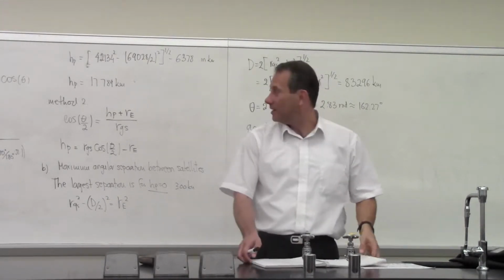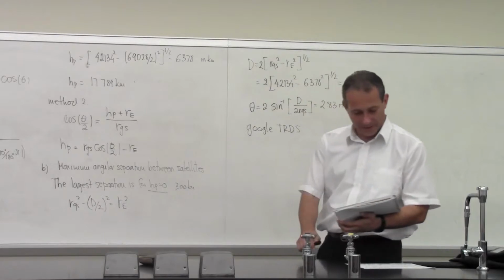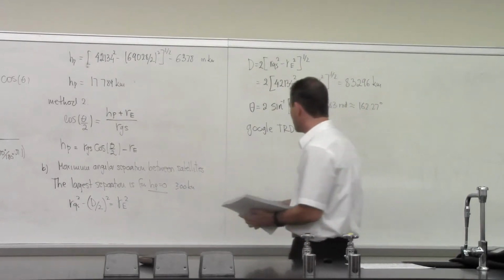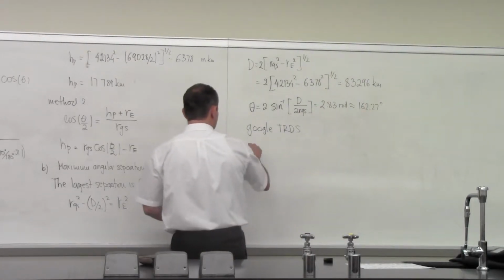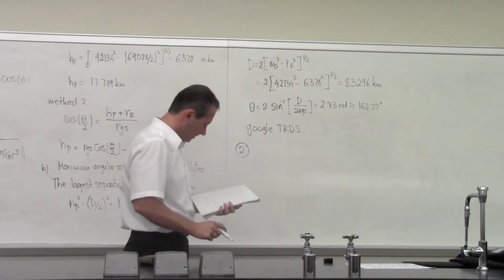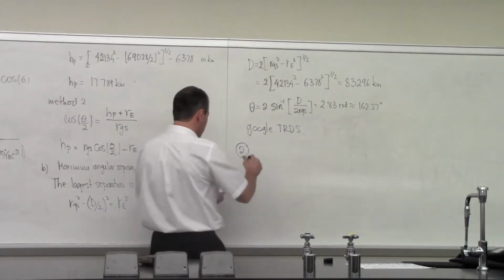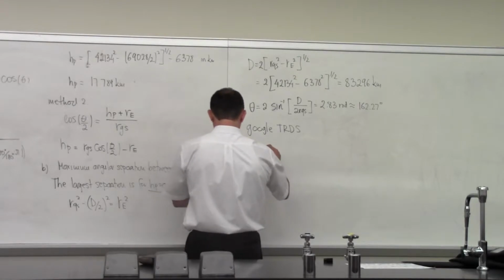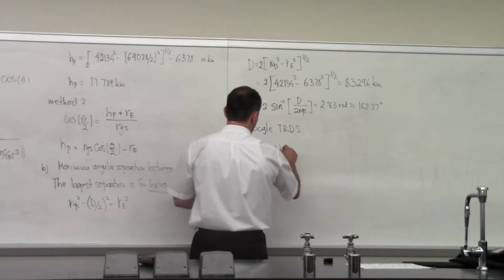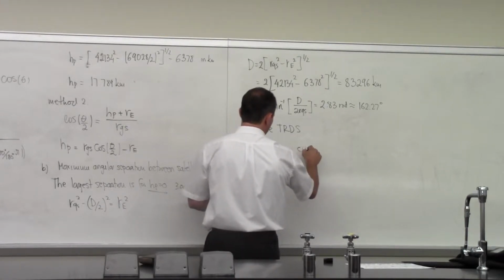All right, so let me work another problem here. I should really write at least a little bit of text so that you can recognize which problem it is. It says a satellite is in a 322 kilometer circular orbit.